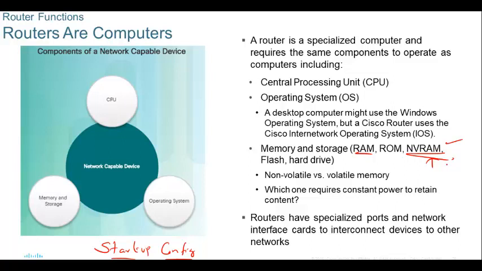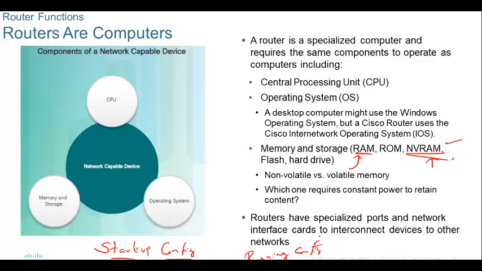But the config that is stored temporarily, which gets erased when the power goes off, in this location called RAM, is called running config. So we have startup config, and we have running config.